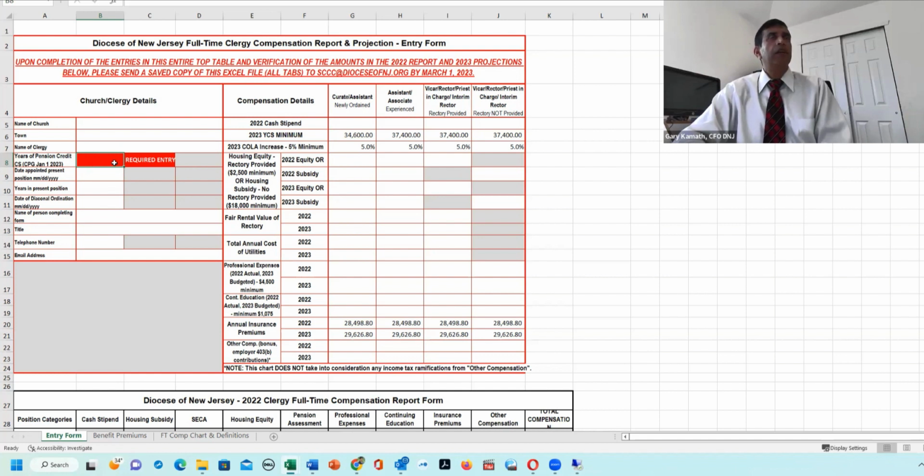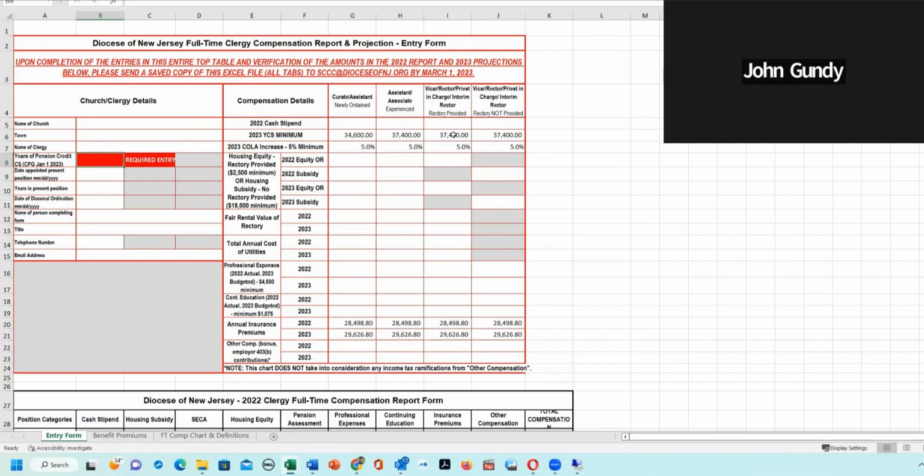Once you put in the pension credit, it will actually calculate that from the COLA. And once you put in the 2022 information, it also looks at that and calculates from there. So don't change that. So the 37,400, for instance, includes the 5% COLA?